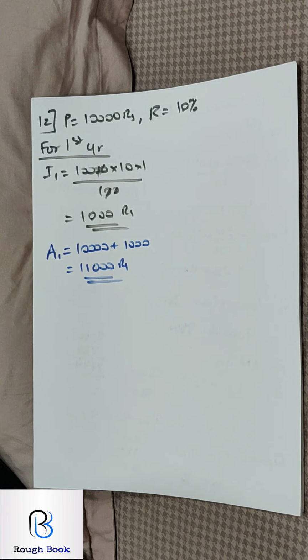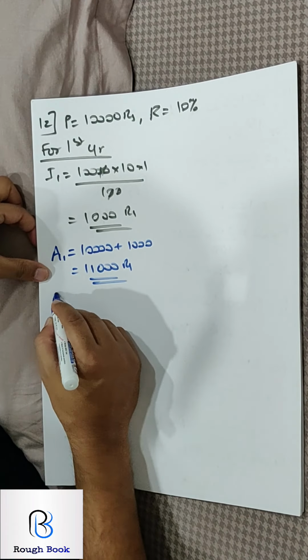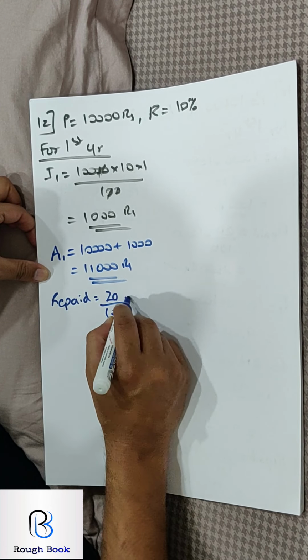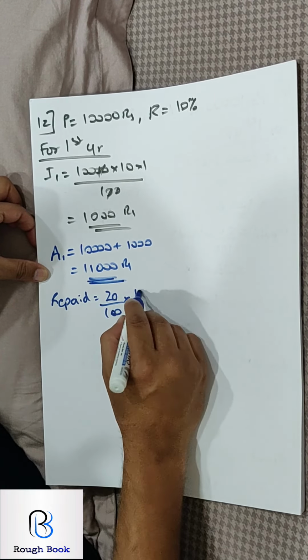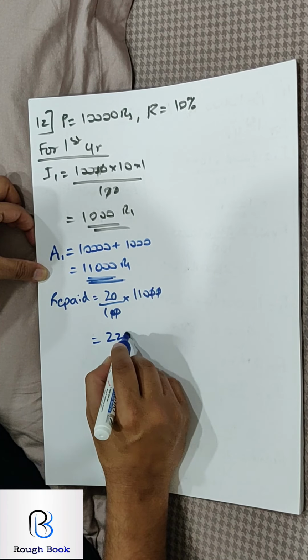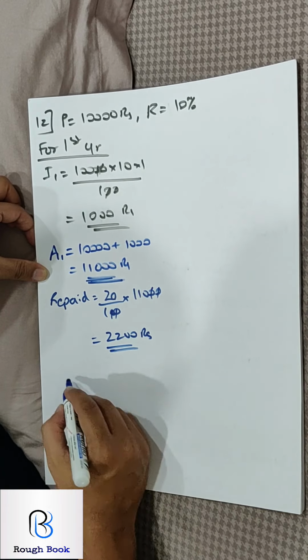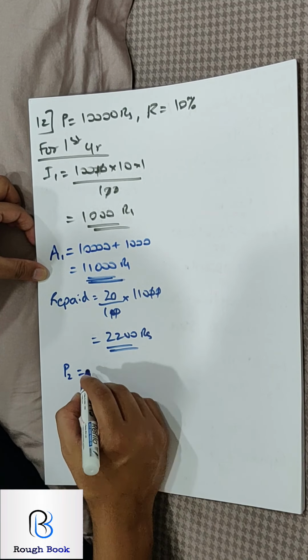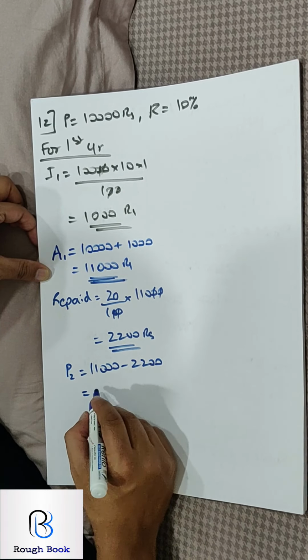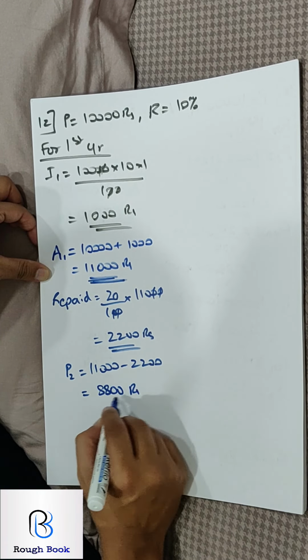So let's calculate the repayment. So repaid 20% of the amount of that year, that is 11,000. Okay, don't mess up here. So 11,000 times 20 by 100. This is the repayment. So what will be the principal for the second year? 11,000 minus 2,200. So that should be 8,800.